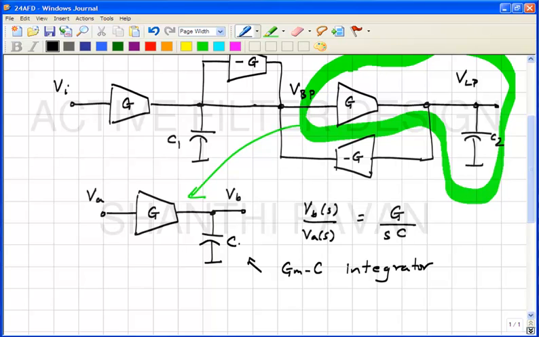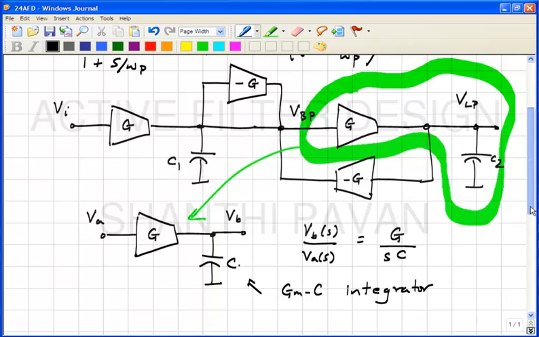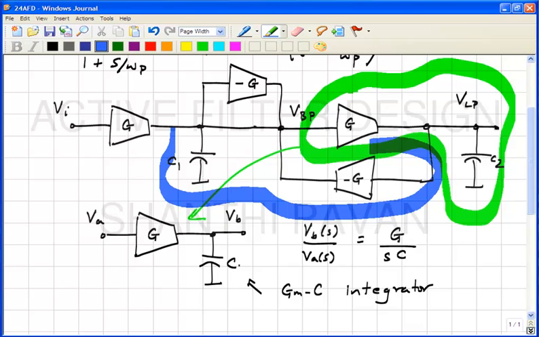Okay. Similarly, what do you see if I now looked at this animal? What kind of animal is this?